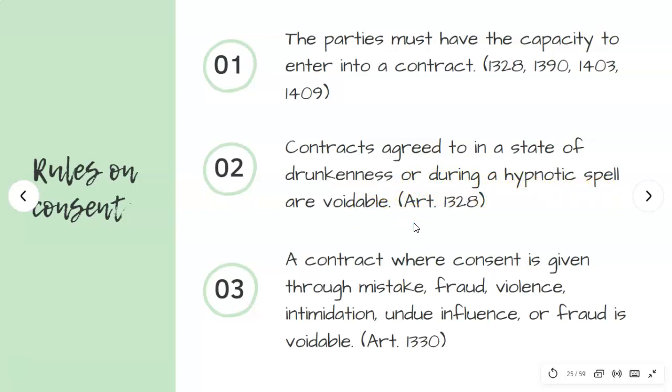Meaning, it is one voidable contract, yung one of the defective contracts, which will be discussed in another video. And then, a contract where consent is given through mistake, violence, intimidation, undue influence, or fraud is voidable. Ito naman yung mga vices of consent, which will be discussed a slide after this one, I think.